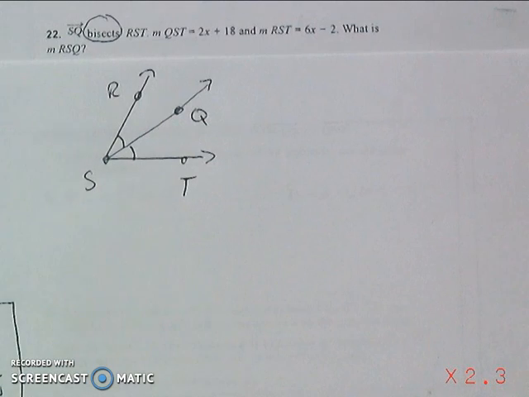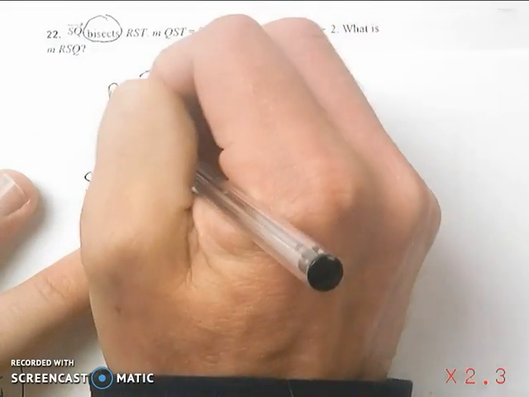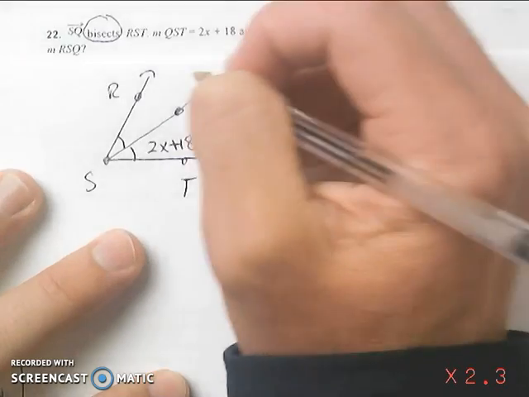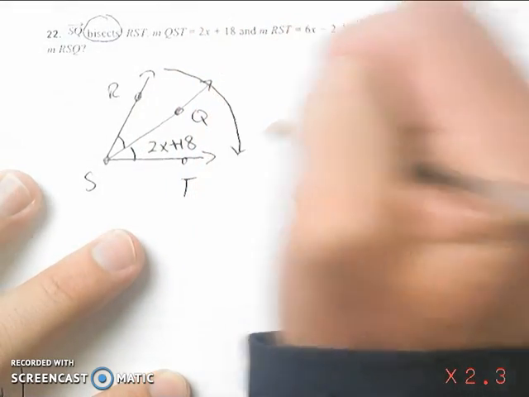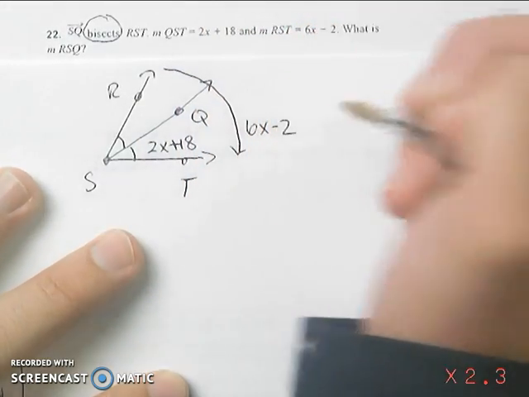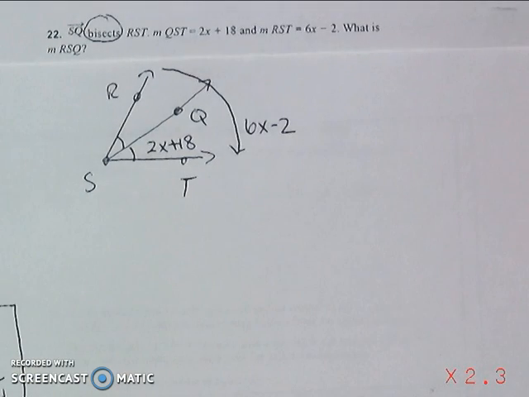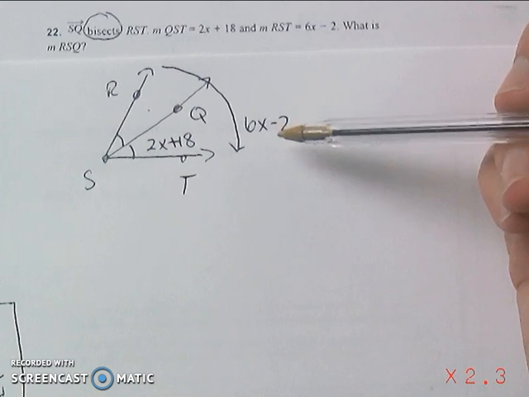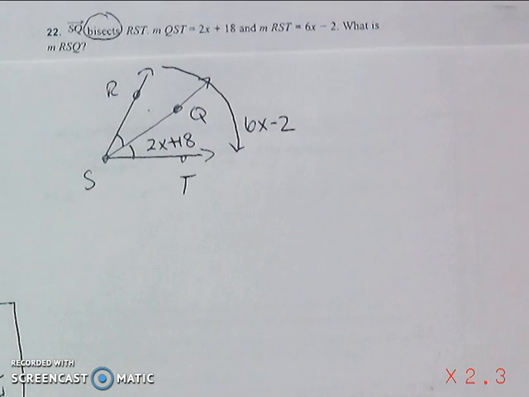Now that I have my picture, let's fill in information. I always want to do picture first, then information next. QST is going to be 2x plus 18, while RST, which is the entire angle, is going to be 6x minus 2. Apparently I don't have enough information to solve this problem. I need to know both angles, 1 and 2, to add up to 6x minus 2 for the angle addition postulate.